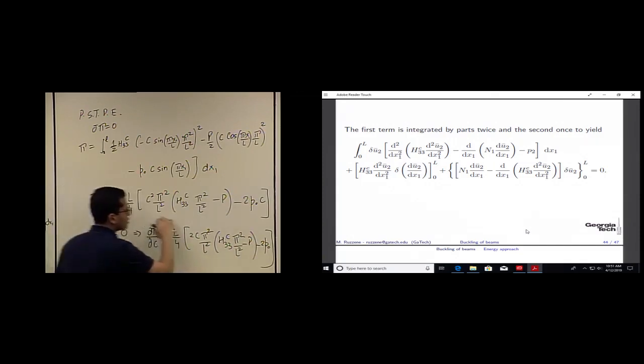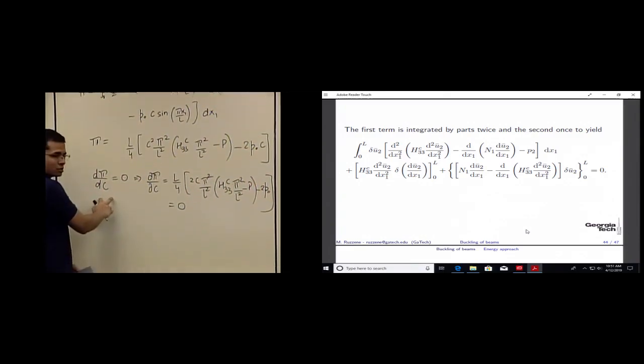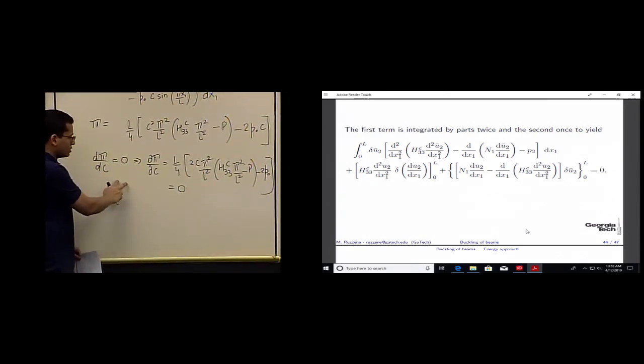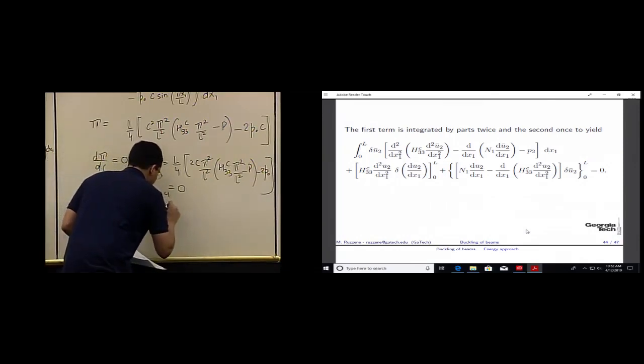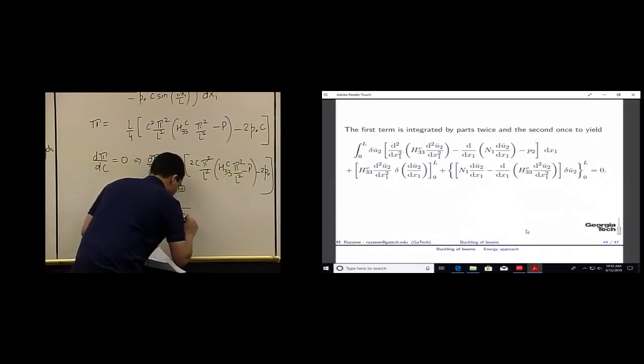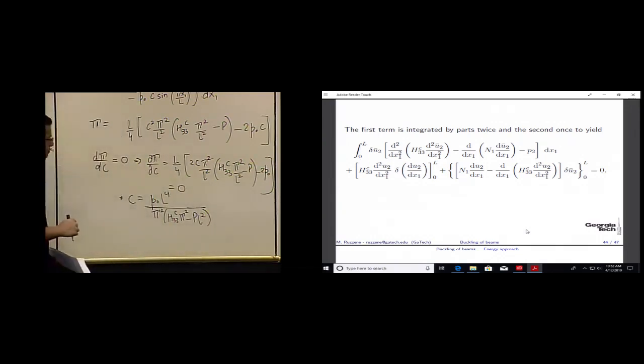So I differentiated the potential with respect to C and we set this equal to 0, right. So we can calculate C as P0 L raised to power 4 over pi squared times H33 C pi squared minus P L squared.